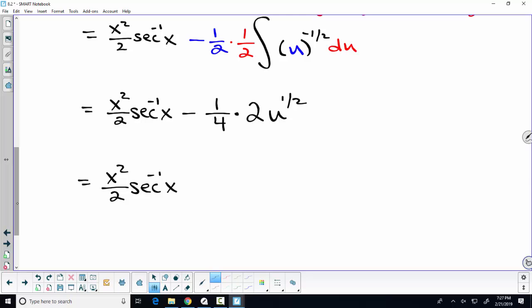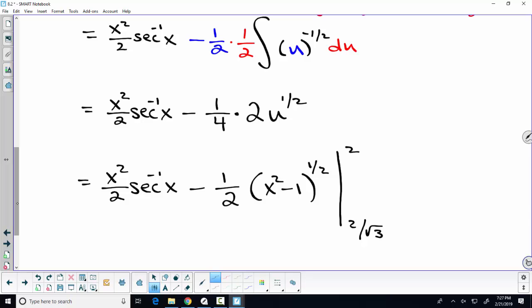Just keep everything consistent. U was x squared minus 1 to the 1/2. Okay. And now we've got our antiderivatives, then we can evaluate from 2 over 3 to 2.